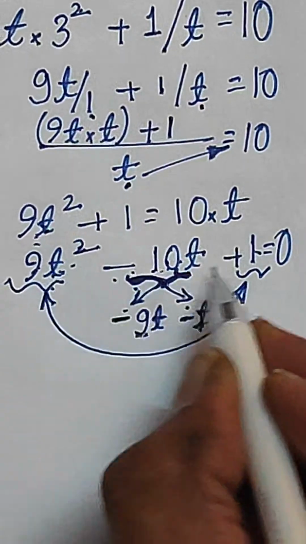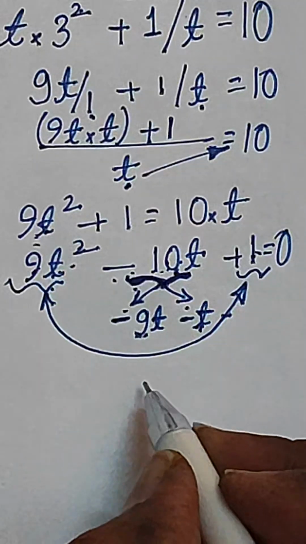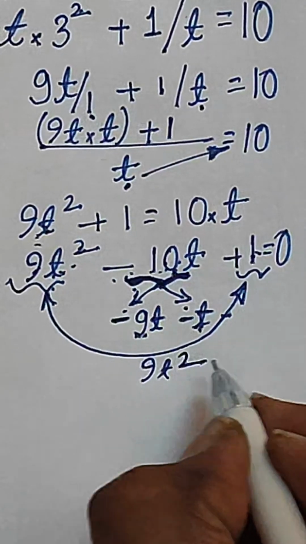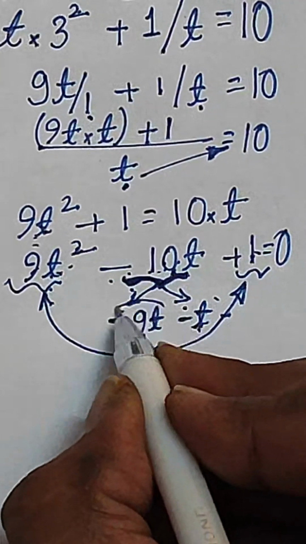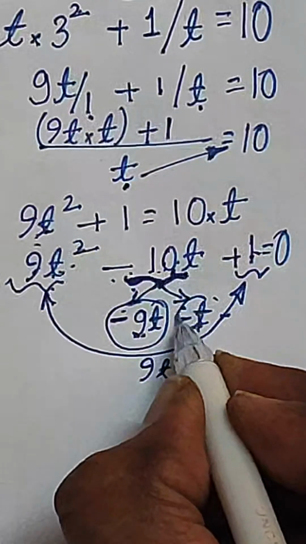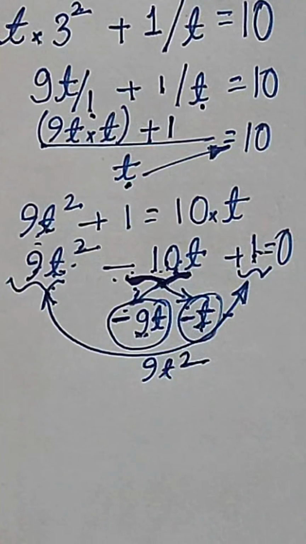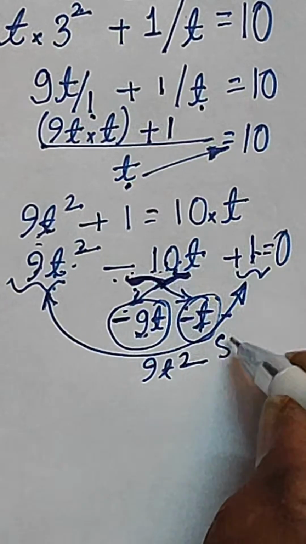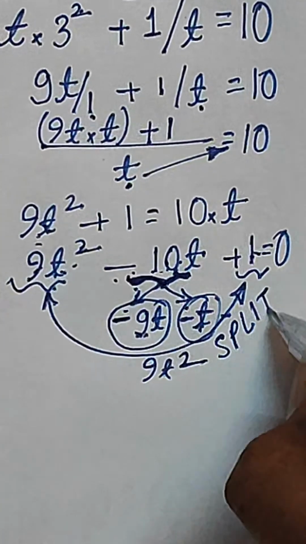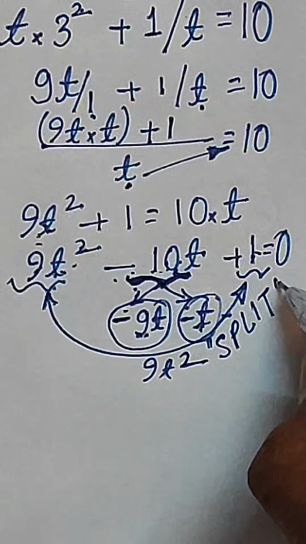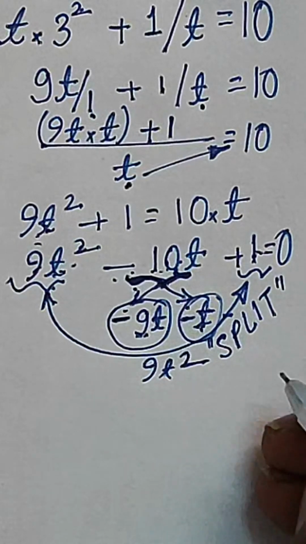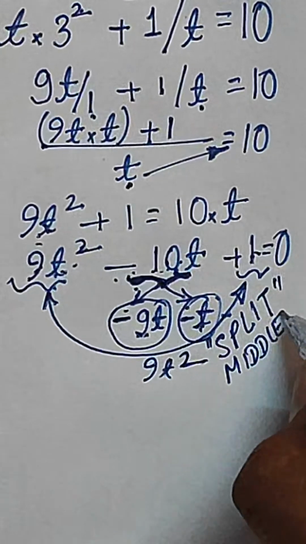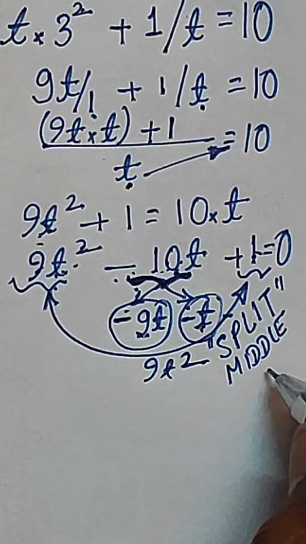You can see 9t square into 1 will become 9t square, right? Which is the product of minus 9t and minus t. So in this way we have split the middle term.